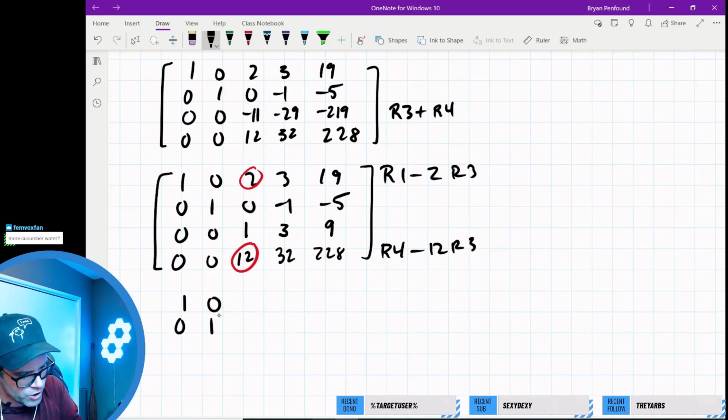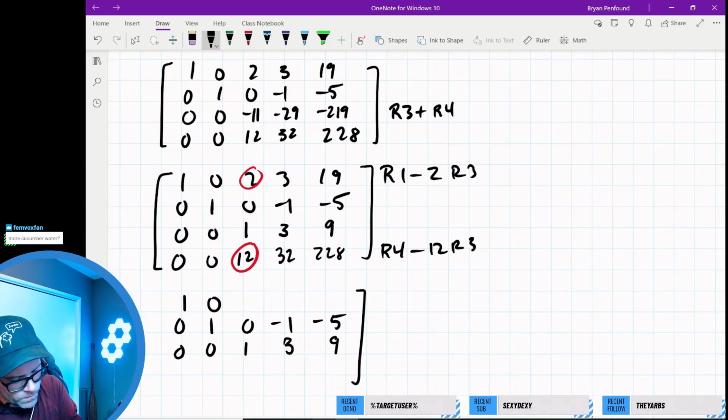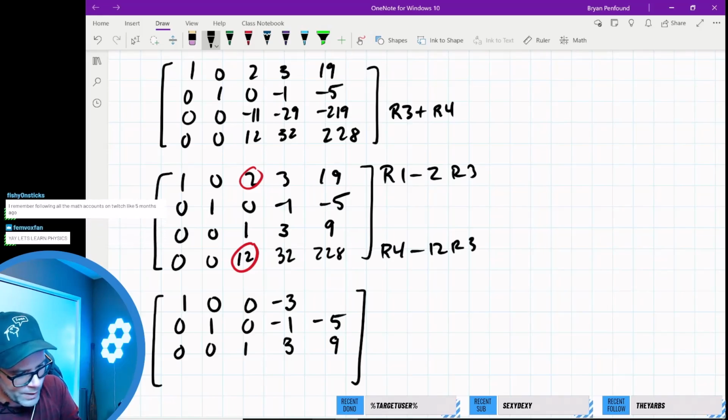Okay, we are not changing anything in... Oops, that's a -1. In row 2, we are not changing anything in row 3. And in row 1, we're going to go 2, take away 2 for 0, 3, take away 6, and then 19, take away 18 for 1.